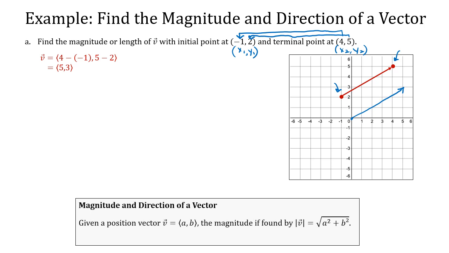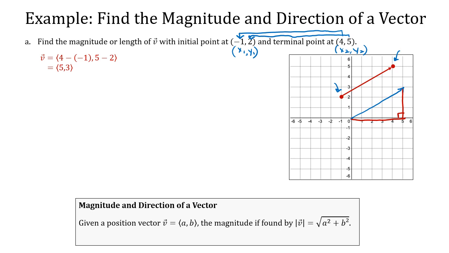Well, it turns out that the magnitude of the vector can be found by taking the position vector and using the Pythagorean theorem, right? So what we know is that on our position vector we have a base of 5 and we have a height of 3. So what we are being given are the legs of a right triangle.